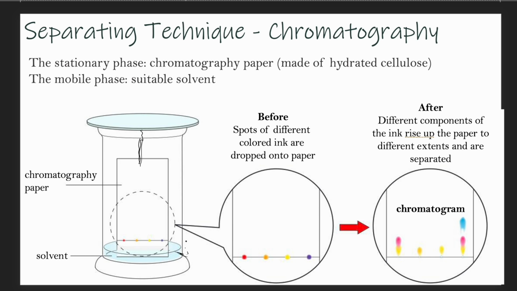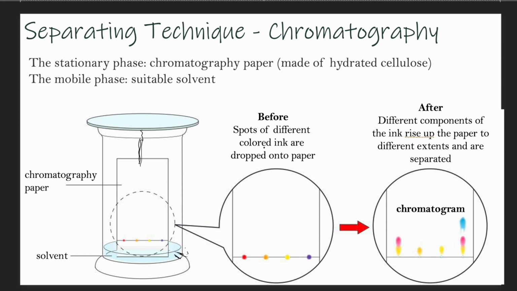Okay, and you just need to put a dot, a very, very small amount of the mixture, the sample, and the paper is then placed in a chamber or container such as a beaker containing a small amount of solvent at the bottom. Placing a lid on top of the beaker allows the atmosphere in the chamber to become saturated with solvent vapor and prevents solvent loss through evaporation.